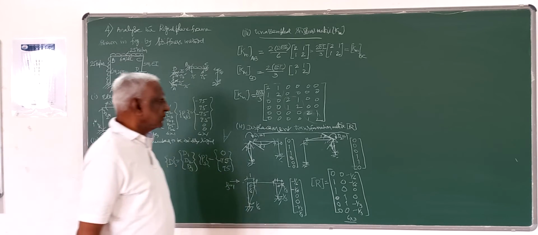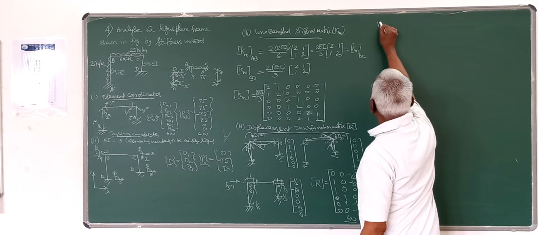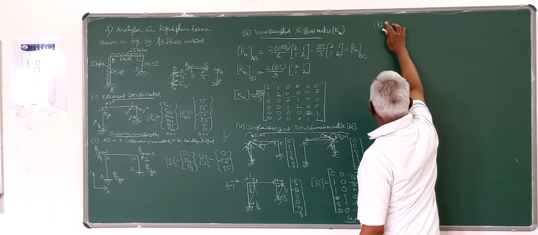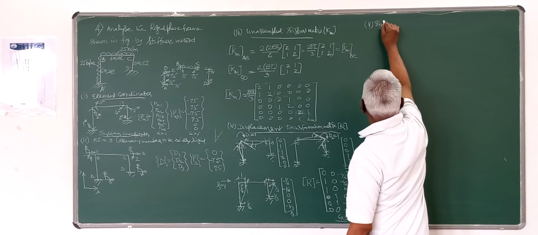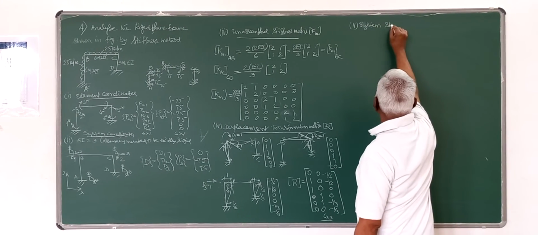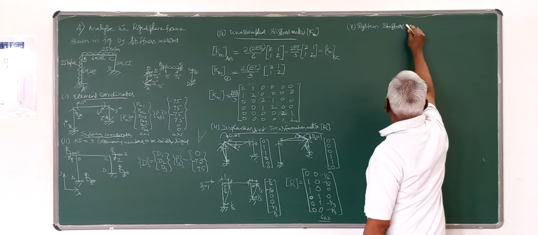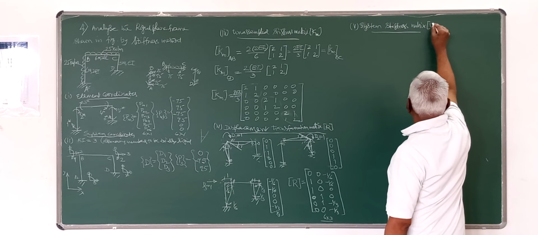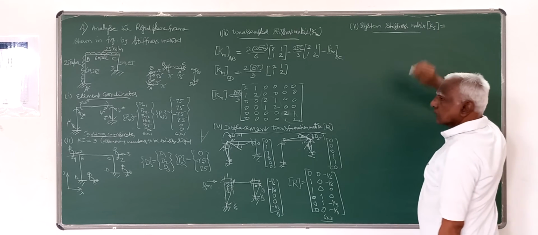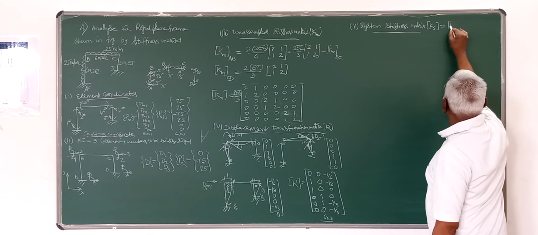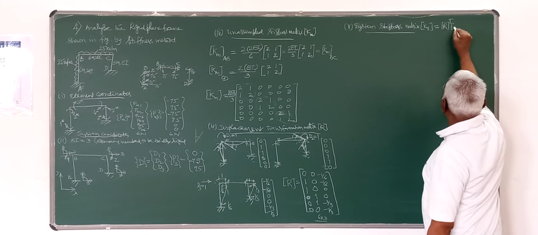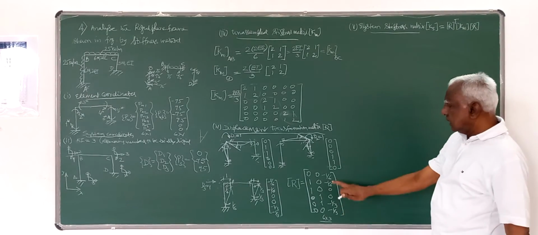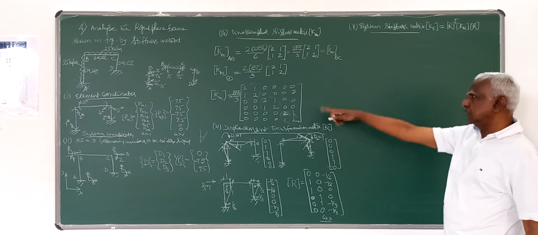Slightly changed. So then the next, fifth step, you have to find the system stiffness matrix. That is the global or system stiffness matrix, Ks. By the principle of contragradient, Ks is given by R transpose Km into R. So we have generated R and Km in the earlier two steps.